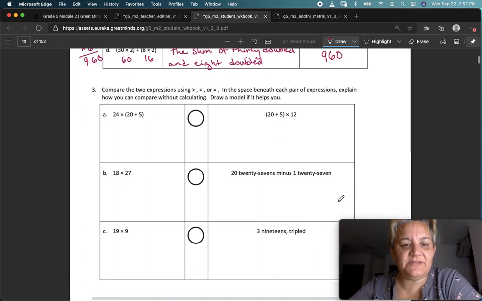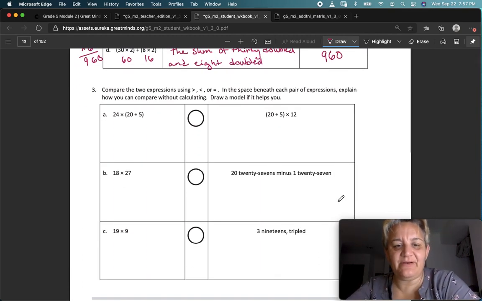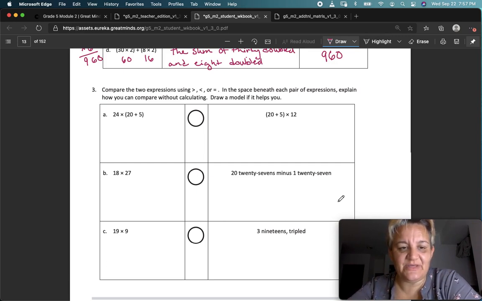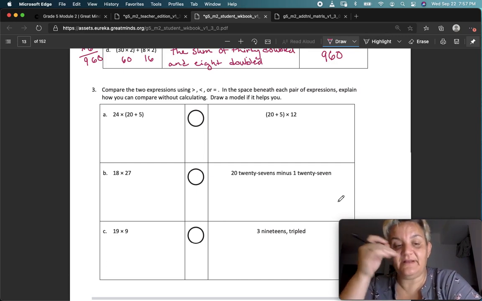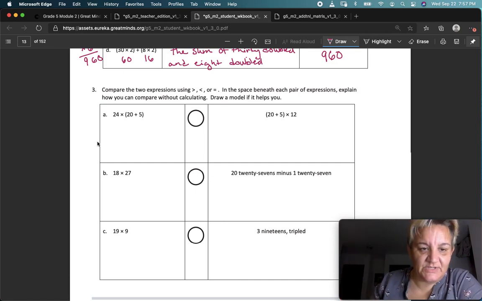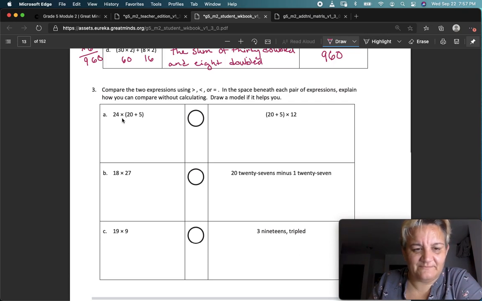Number 3, compare the two expressions using greater than, less than, or equal to. In the space beneath each pair of expressions, explain how you can compare without calculating. Draw a model if it helps you. Okay, well, let's draw a model. Well, I don't want to draw a model for that big number.